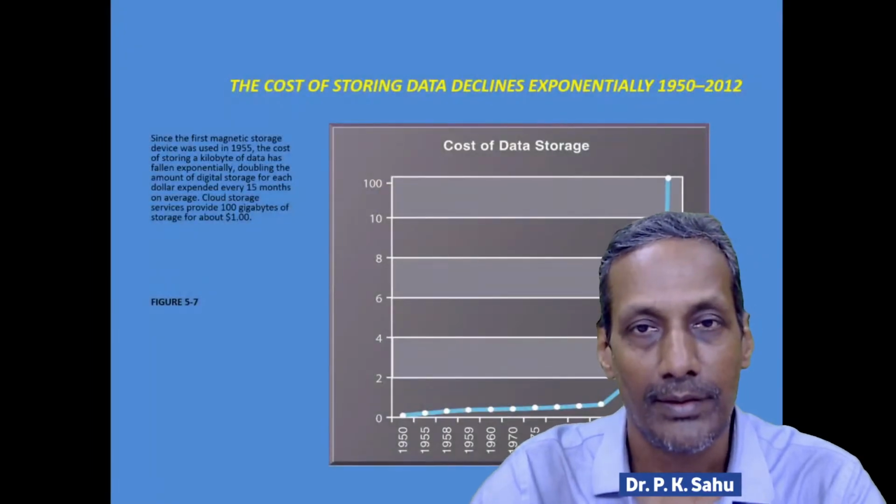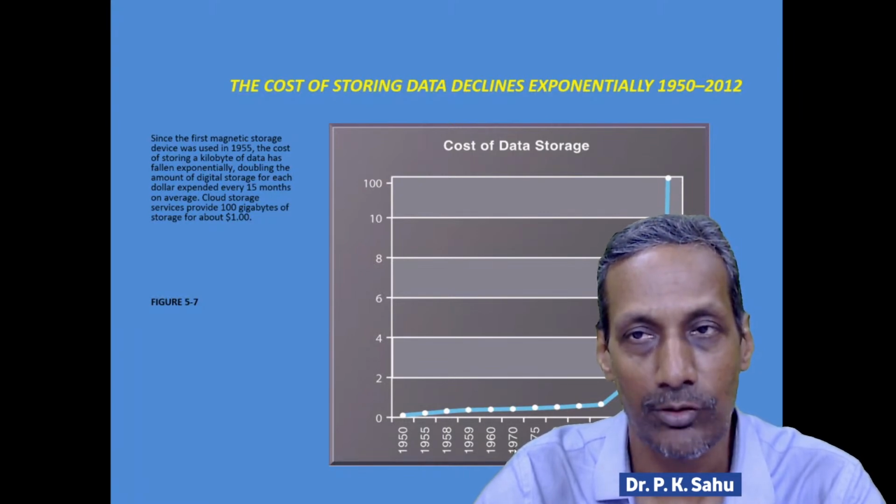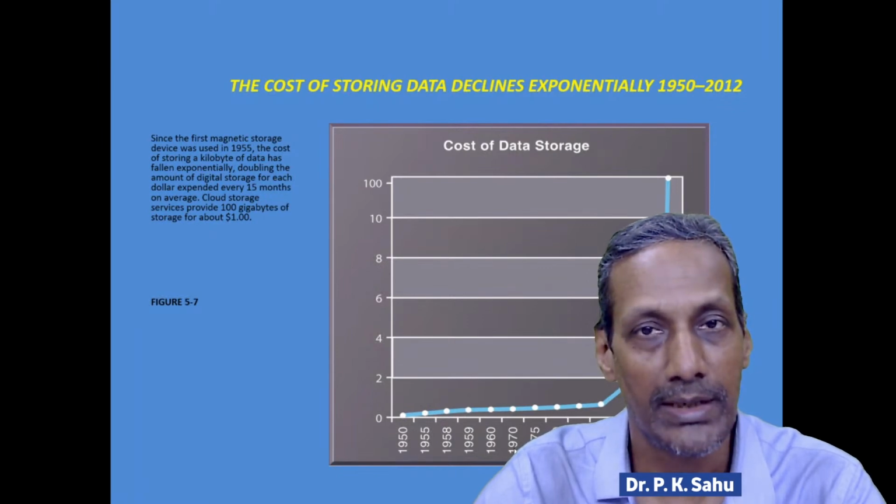The cost of data storage, if you take a look, the cost of storing data is declining exponentially. If you take a look from the evolution of the computers in the 1950s till date, it has been declining exponentially. The power has been increasing exponentially.